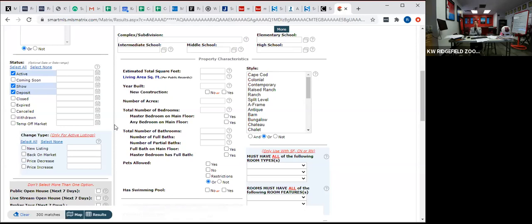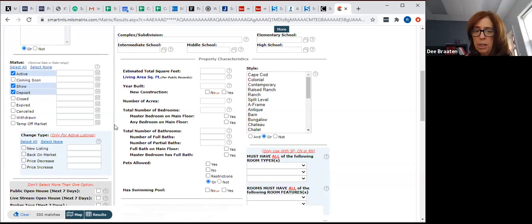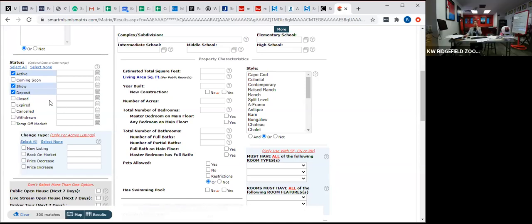Yeah, that's a great point. And to support what Lori is saying, the deposits, most of them are not shown. The shows might be shown, but they're two different animals. Yeah. So I think there's a case to be made for looking at show and deposit as a percentage of the actives and monitoring that, knowing that in a more normalized market, we probably see only about 20% under agreement, right?